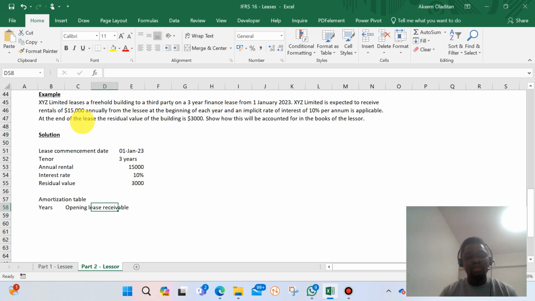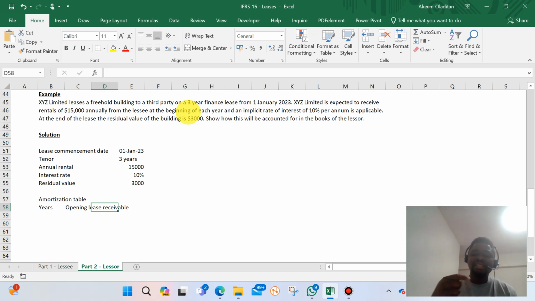So the payment will have been made at the beginning. When the payment is made on the opening balance, we then apply interest on the differential between the opening balance and the payment already made at the beginning of the year.